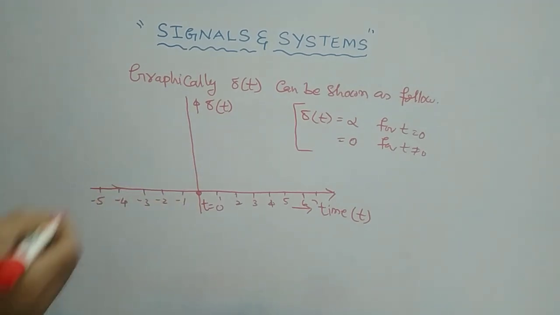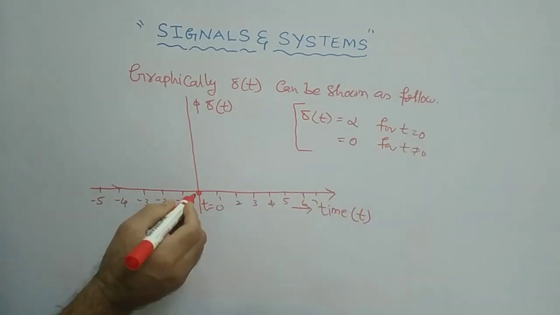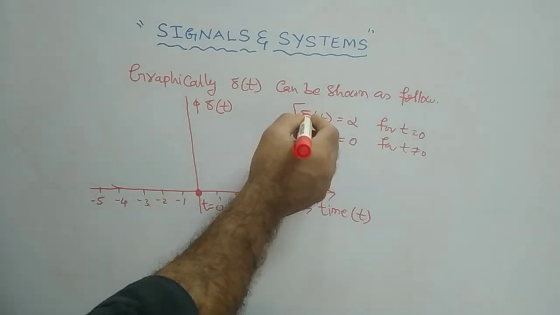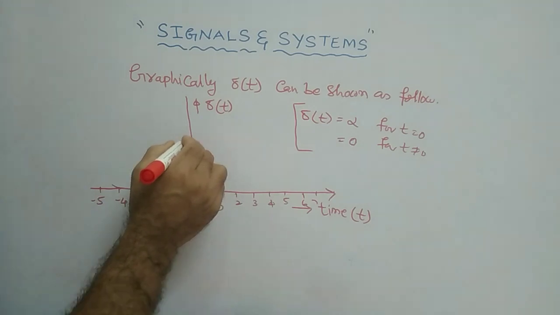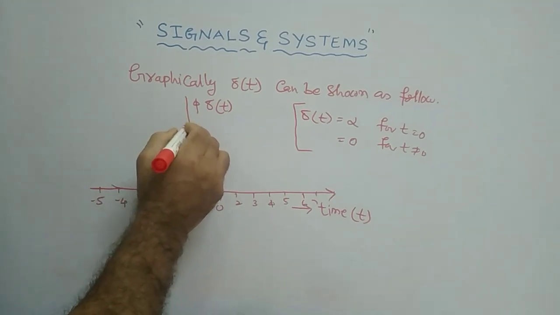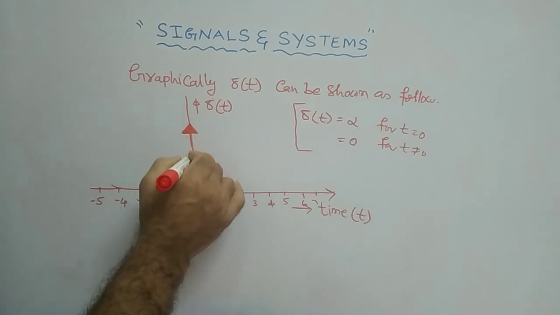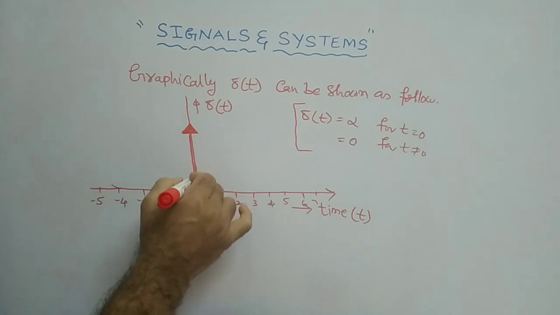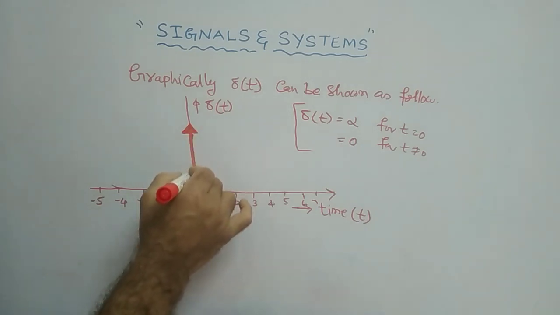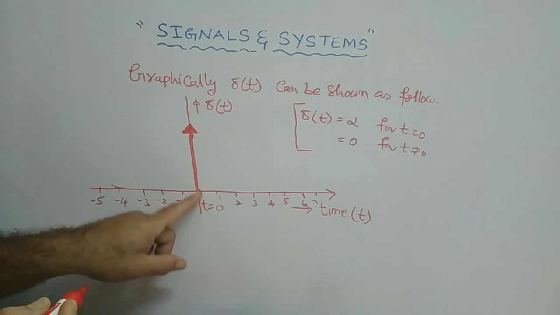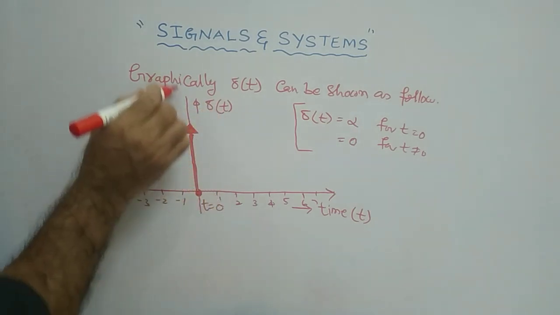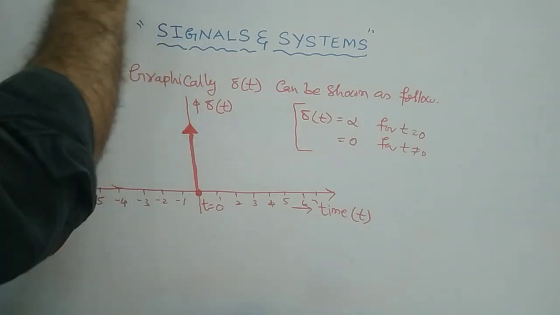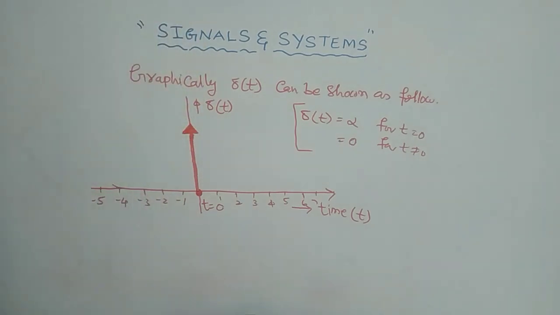At the t equal to 0 point, the delta of t value goes to infinity, shown by an upward arrow, drawn with a slightly thicker line.